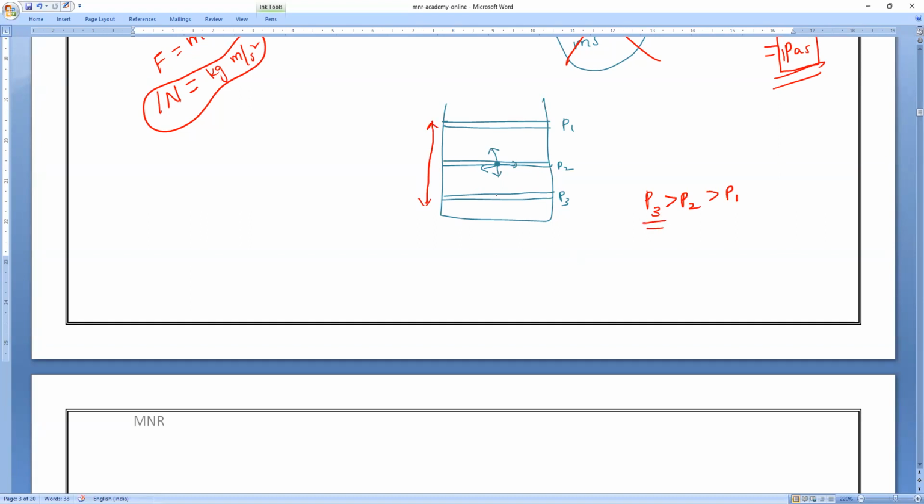But if I take at this height, because the bottle is three-dimensional, if I take any direction at this point, at this height, the pressure at this column height is always uniformly distributed in all the directions. So that is what we call Pascal's law. Pascal's law.